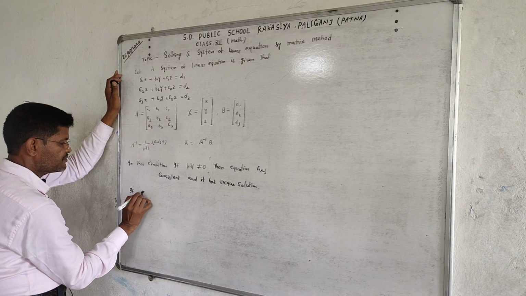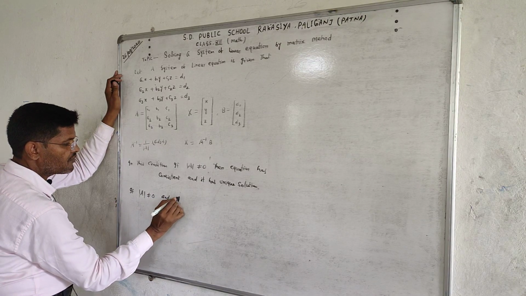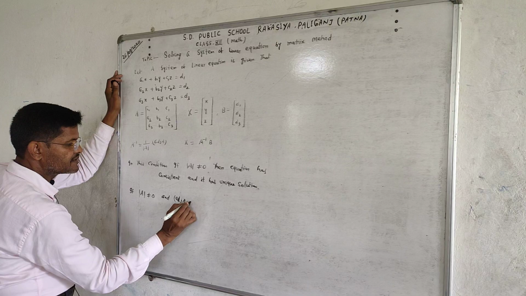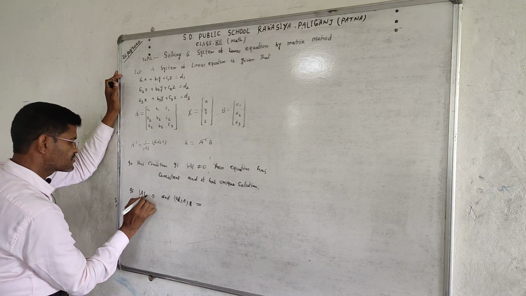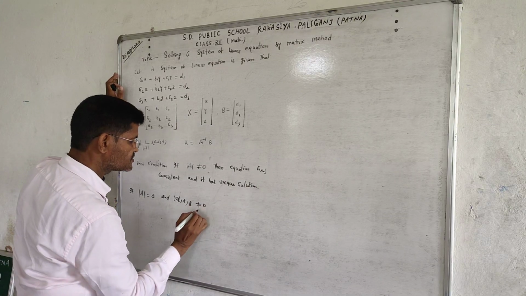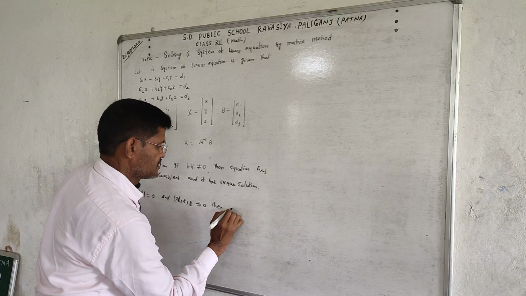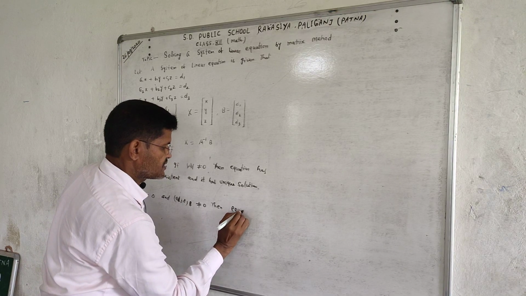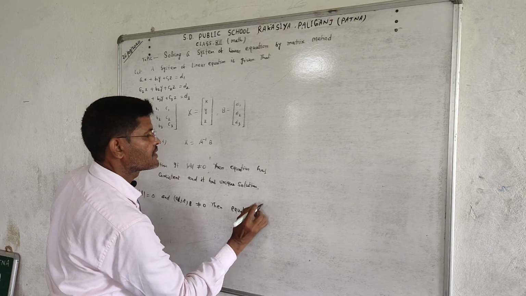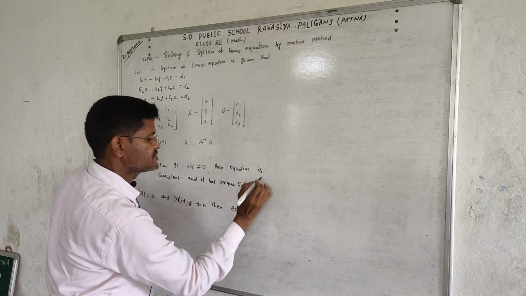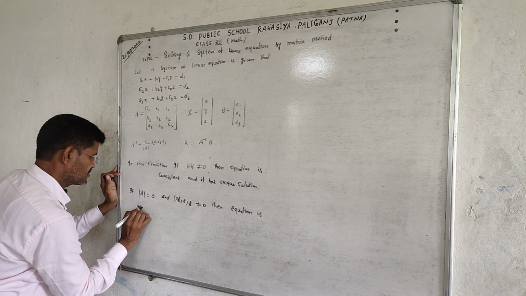If determinant A is equal to 0 and adjoint of A into B is not equal to 0, then the system of equations is inconsistent.